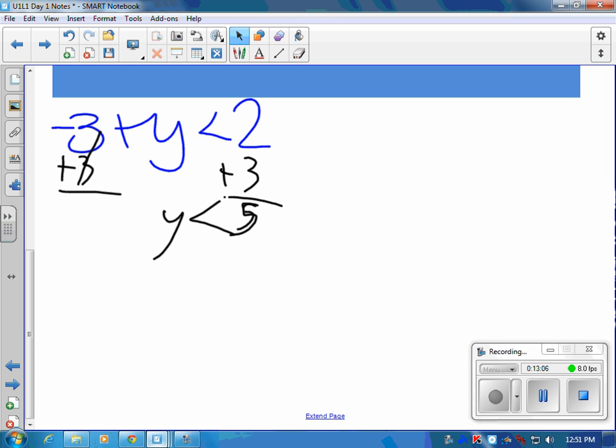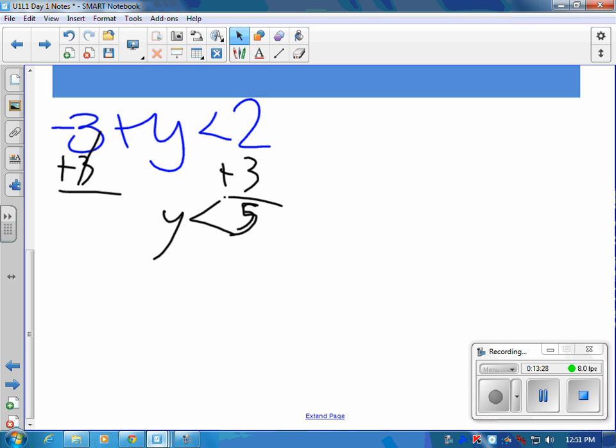How many? An infinite number of solutions. Any value less than 5, a decimal, a fraction, a negative number, a rational, an irrational, doesn't matter as long as it's less than 5. I would write down somewhere on your papers, inequalities have an infinite number of solutions.